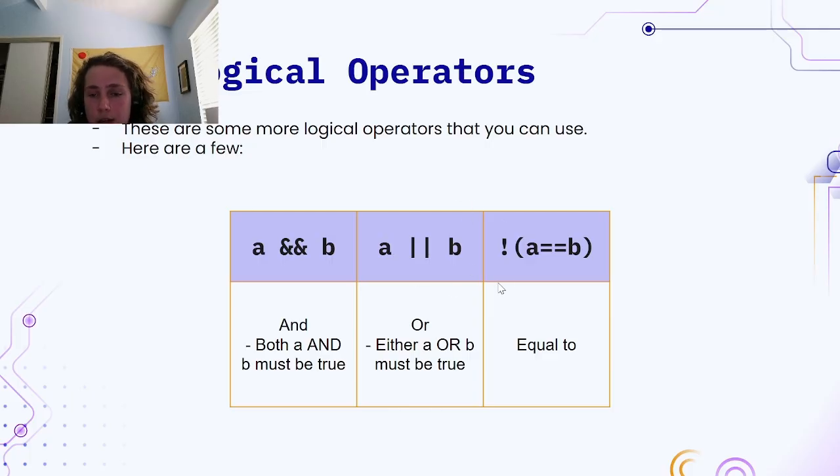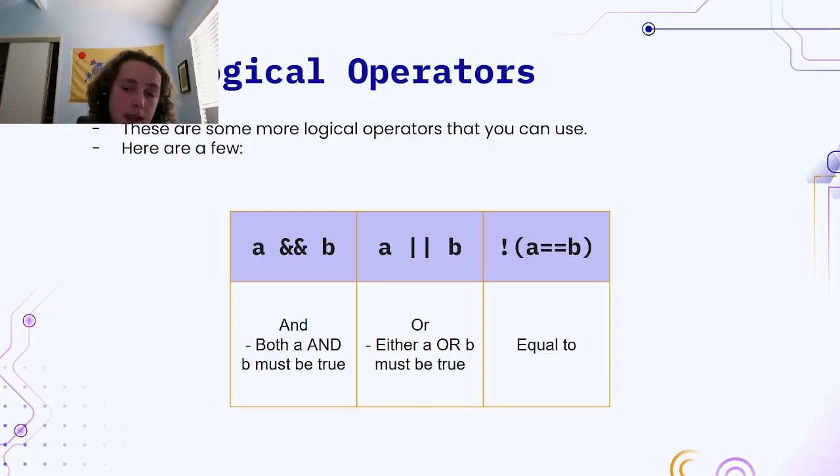And then the negating operator, so the not, as it's generally called, is just an exclamation point. Parentheses still work with logical operators. It is like normal math. So if you put parentheses around a logical operator, such as A and B or A equals B, it will exactly flip the resulting value.